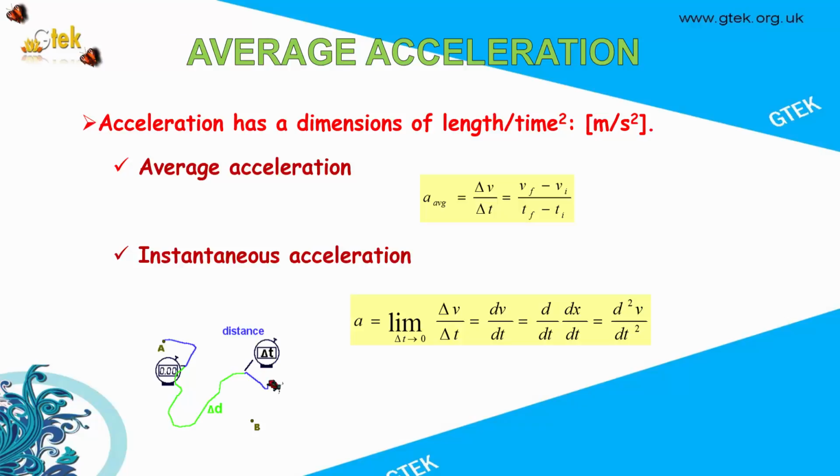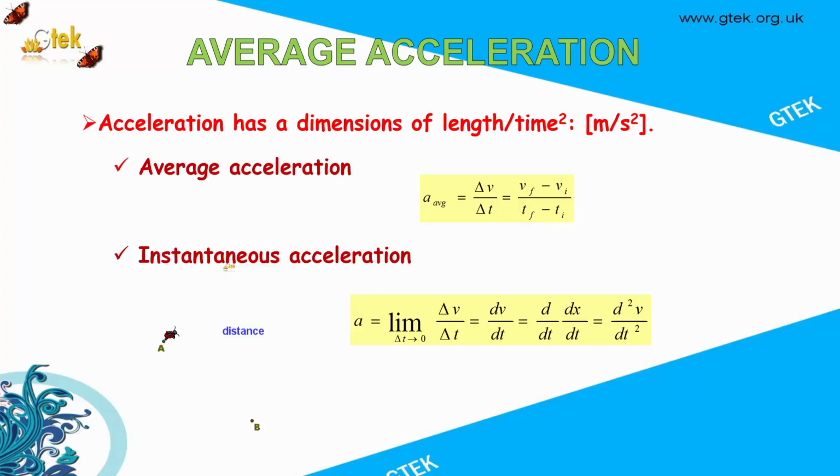Average acceleration can be calculated by the formula A AVG equal to del V divided by del T, that is equal to Vf minus Vi divided by Tf minus Ti. F stands for final and i stands for initial.